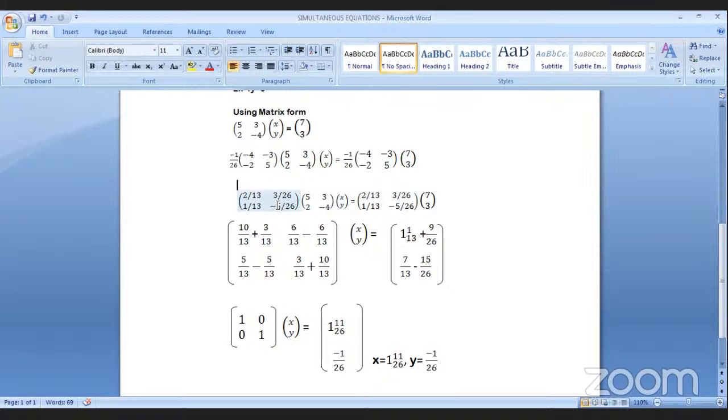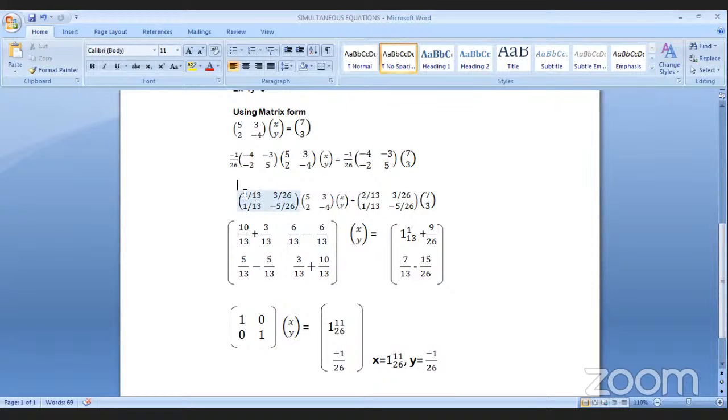Then multiply this whole matrix by this one, and we get 2 out of 13 times 5, which gives us 10 out of 13. Then 3 out of 26 times 2, which gives us 3 out of 13. Then the bottom ones, 1 out of 13 times 5, give us 5 out of 13, and negative 5 out of 26 multiplied by 2, get negative 5 out of 13.